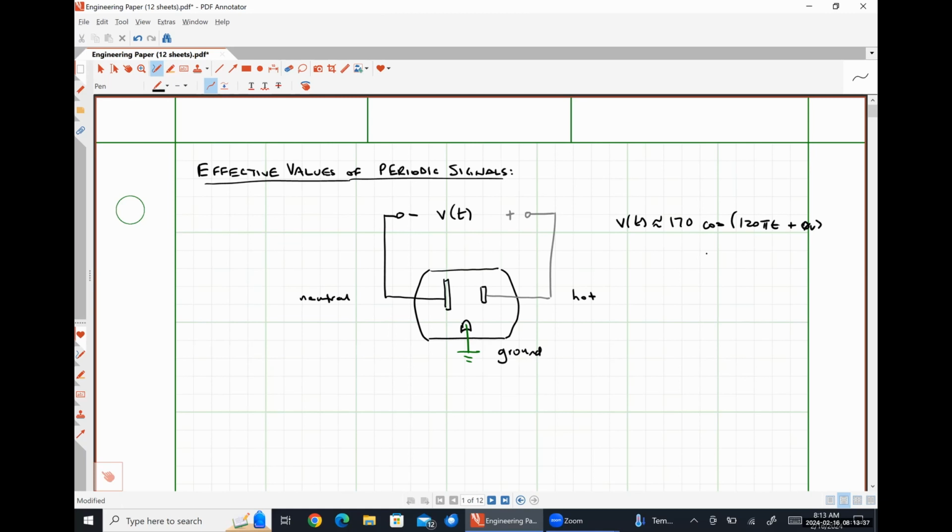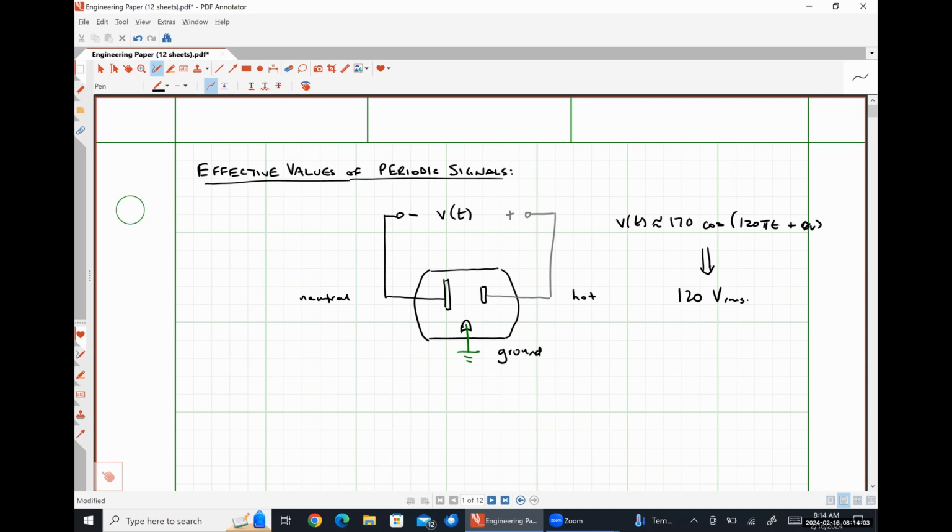Now, we commonly refer to this as 120 volts RMS, where this 120 volts RMS is what's known as the effective value for that time varying voltage waveform. So that's why I said Patrick wasn't fully incorrect, right?